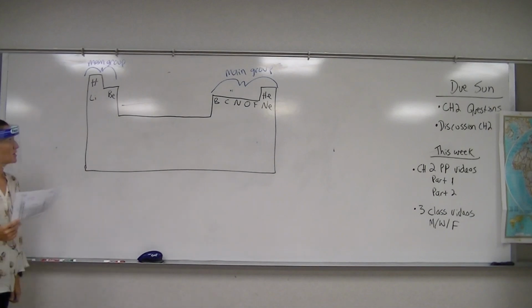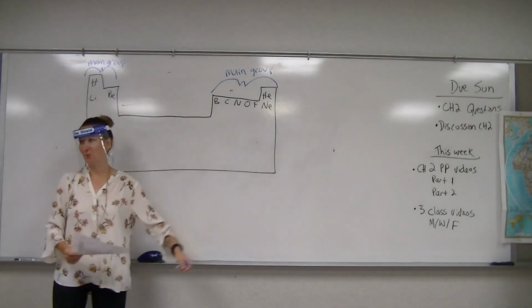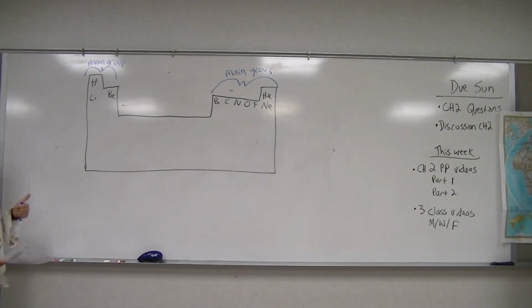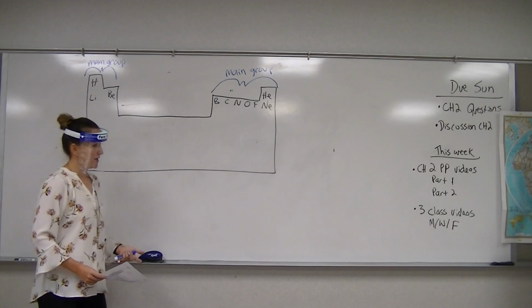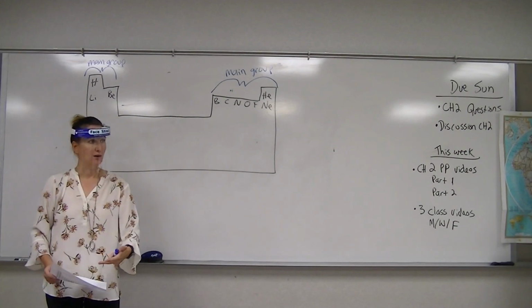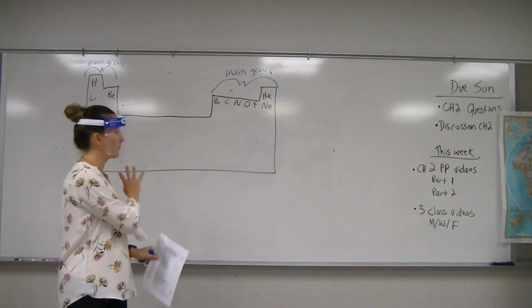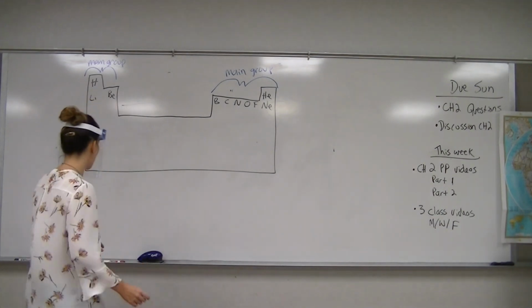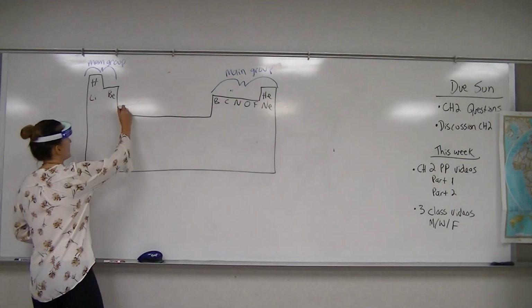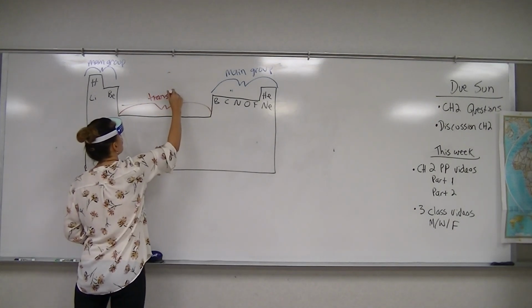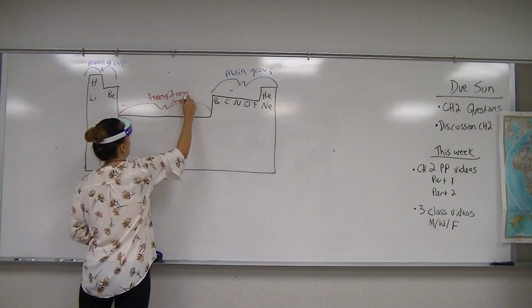We're going to know a lot about these main group representative elements. We're going to be able to figure out how many valence electrons are in each, their electron configurations, and what their charges always are, just by where they are on the periodic table. So we'll focus on them quite a bit. The middle elements here are the transition elements, also known as transition metals, because they are all metals.